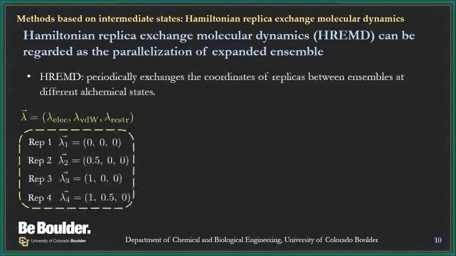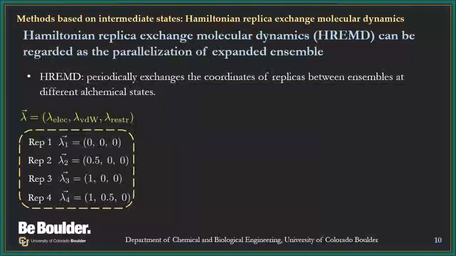For all the replicas, we use the alchemical variable to control the electrostatic interactions, van der Waals interactions, and a restraint. For example, the alchemical variable of replica 1 is a 0 vector, meaning that all these interactions remain on. While for replica 2, 50% of the electrostatic interactions have been turned off.